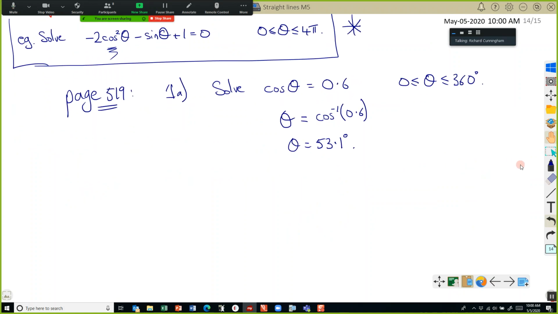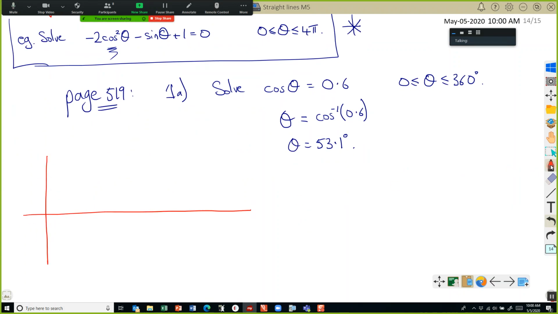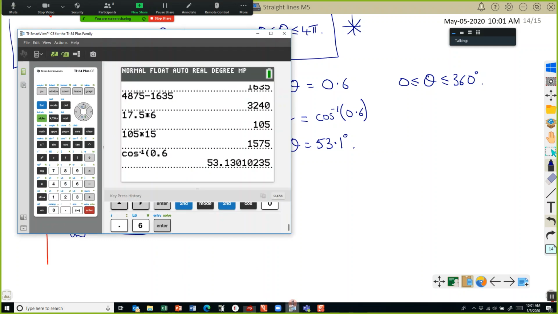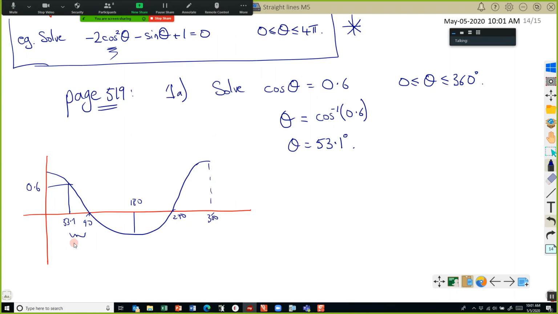So you have to draw out your cos curve. And remember, it's just a sketch. 360, 180, 270, 90, 53.1 is in here somewhere. 53.1 is how far from 90? 90 take away 53.1 is 36.9.